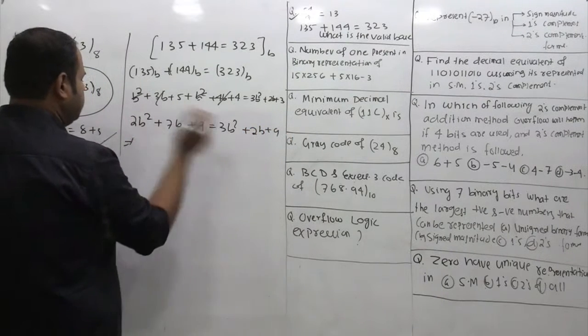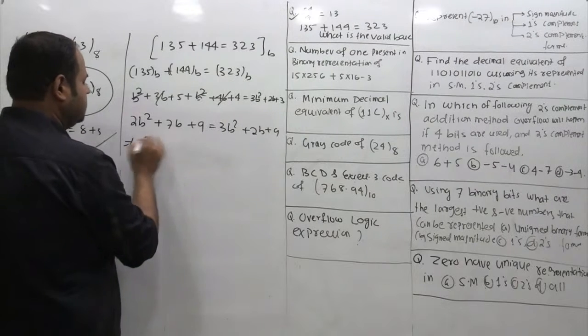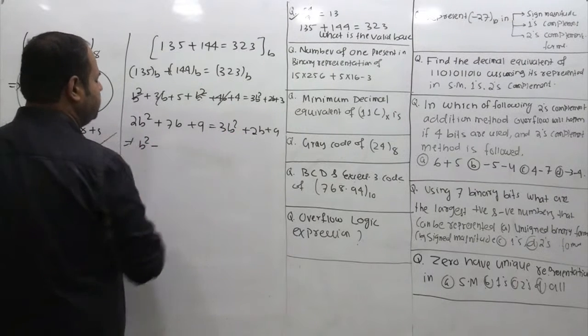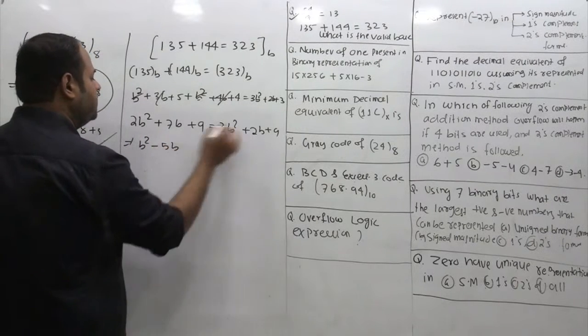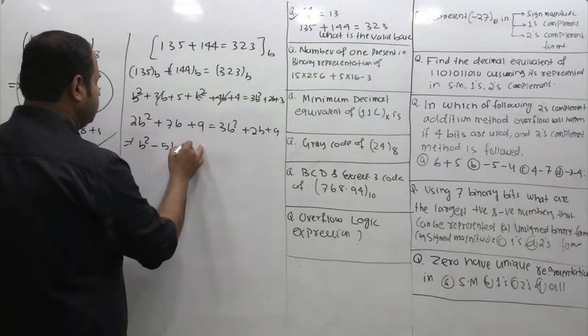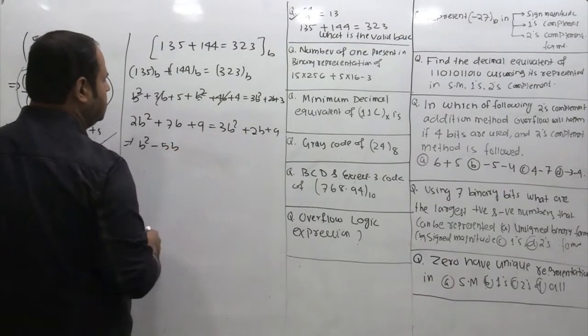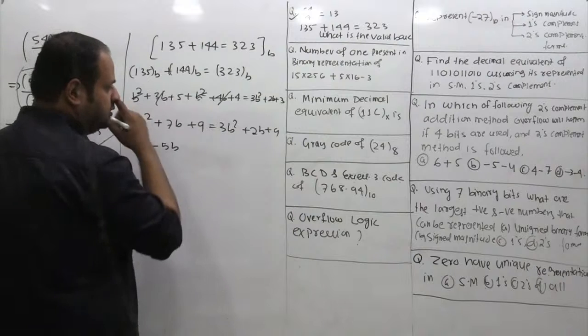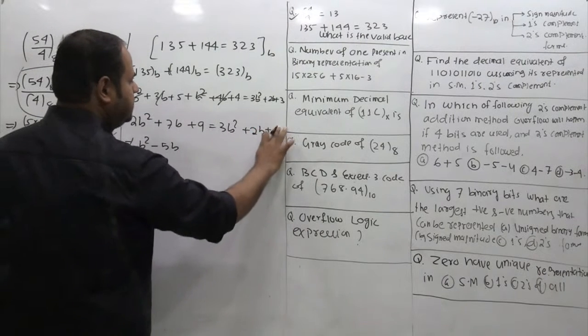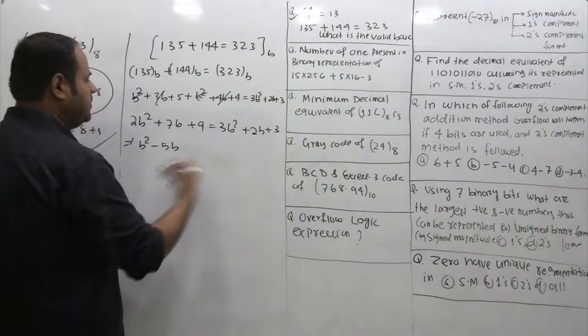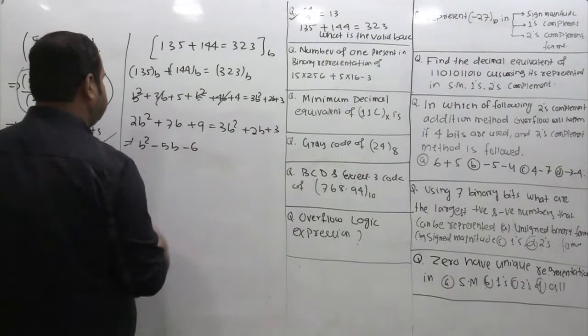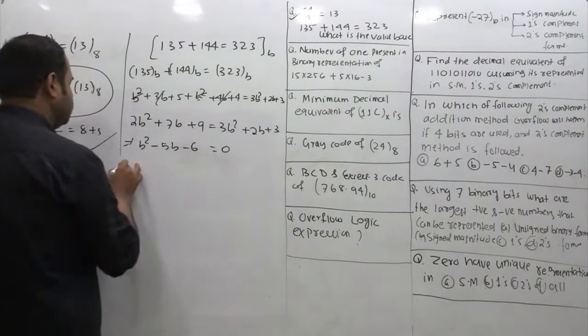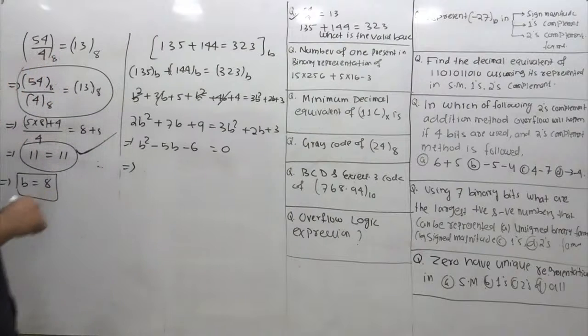So 3b square minus 2b square is b square, then 2b minus 7b is minus 5b, and 3 minus 9 is minus 6, equal to 0. Is that correct? If you factorize this, what are the roots you will get?